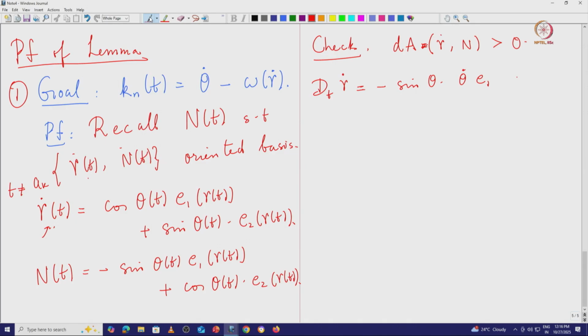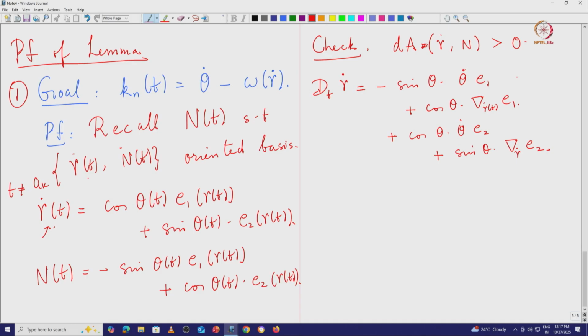Everything is evaluated at time t, plus cos theta times the covariant derivative of E1 with respect to the velocity vector. Similarly, I then differentiate the sine term, plus sine theta times the covariant derivative of E2.